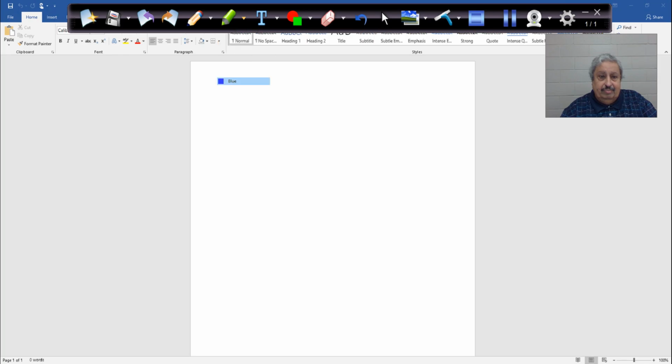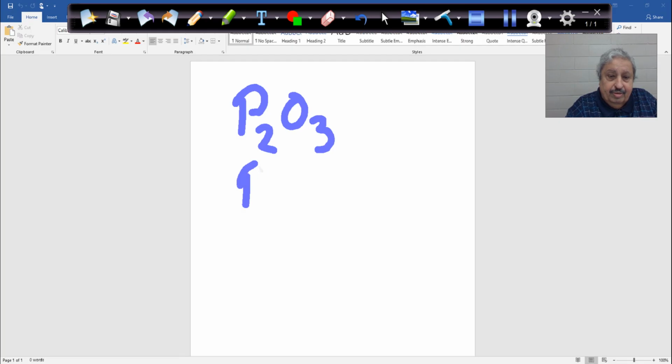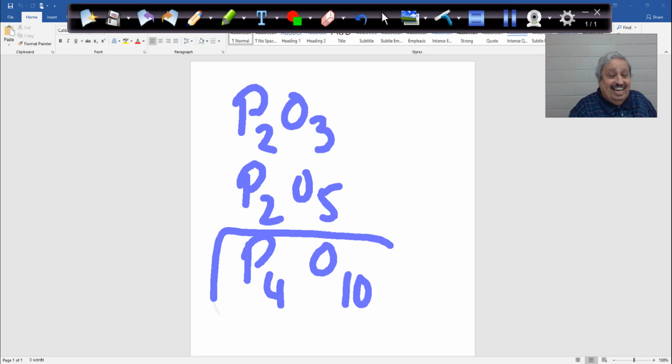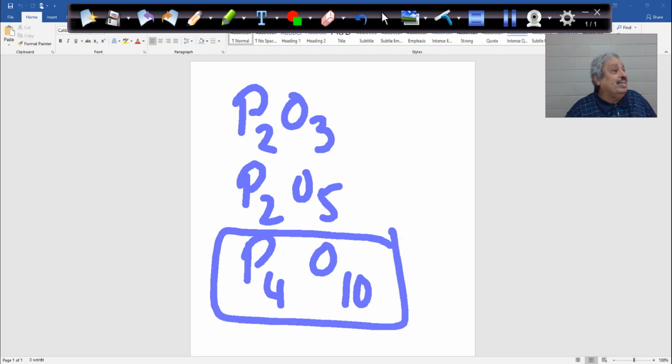So I have here P2O3, P2O5, and then P4O10. And then you are asked, which is really a molecule and which is a compound out of these? From looking at this, this is the highest, so this one cannot be a molecule.